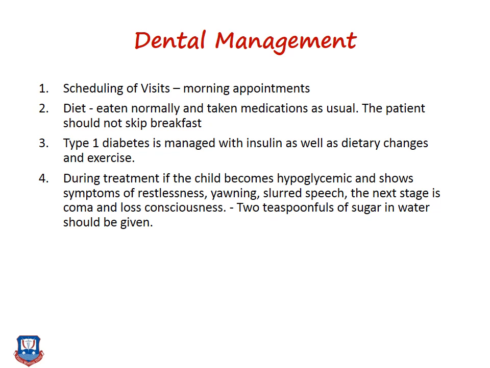Type 1 diabetes is managed with insulin as well as dietary changes and exercise. Type 1 is the one seen in children, so it should be managed with insulin as well as dietary changes and some form of exercise. During treatment, if the child becomes hypoglycemic and shows symptoms of restlessness, yawning or slurred speech, the next stage may be coma or loss of consciousness.